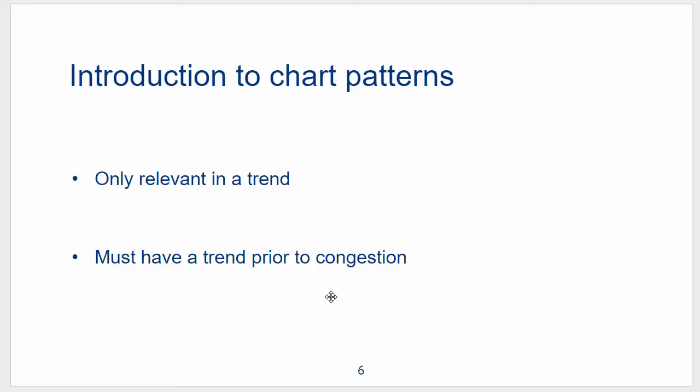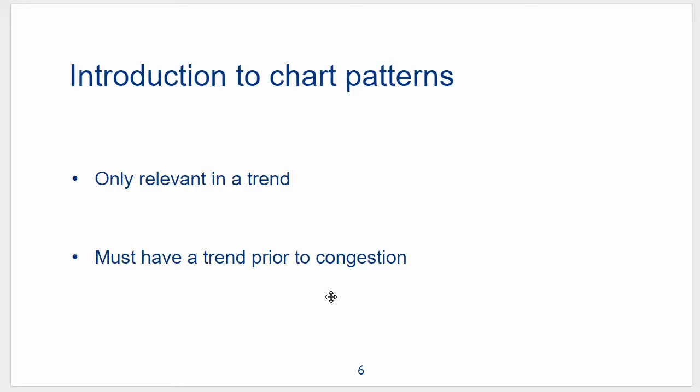Now, very often over the years, I've seen a lot of people marking down a congestion area on a chart. They say, oh, this is a head and shoulders pattern, but there's not a trend leading into it. Head and shoulders patterns, or any of these patterns, do not exist in isolation without a trend. It's impossible for them, and it's very, very dangerous to trade them if there is no prior trend.